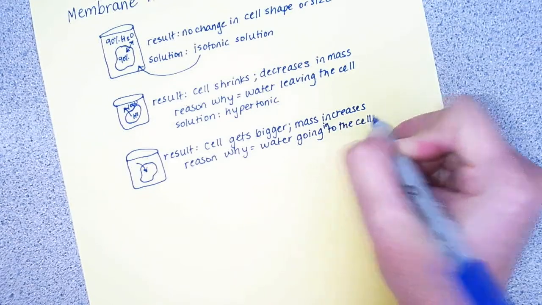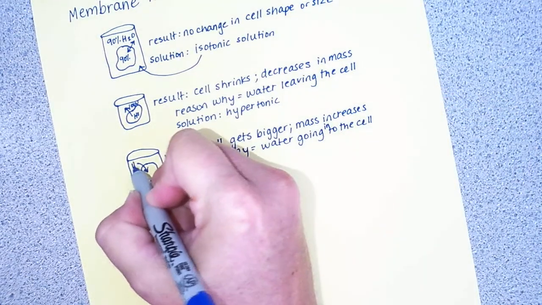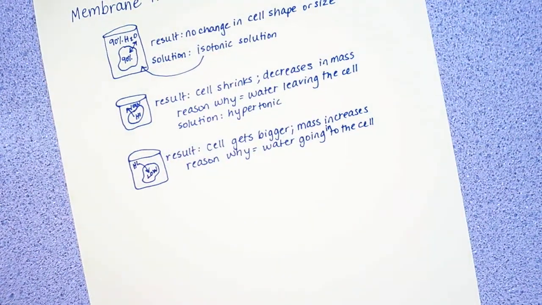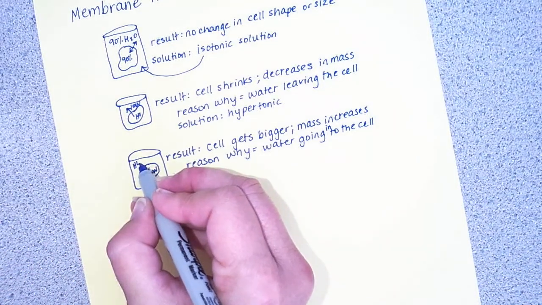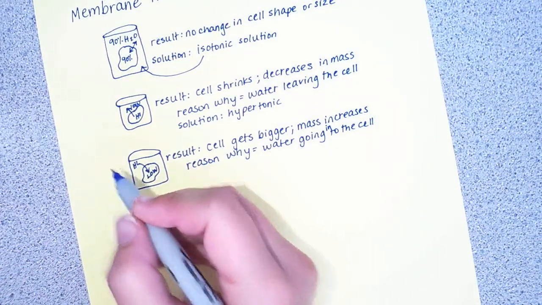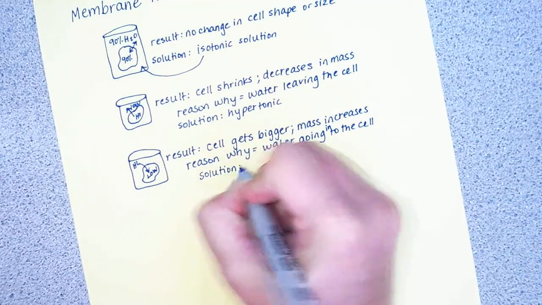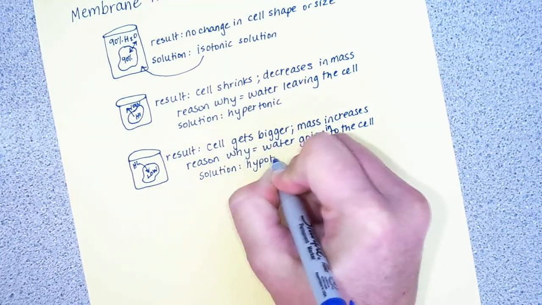And if it's going to go into the cell, it's because there is a higher amount of water outside than inside the cell. And if we have a lot of water out, that means we do not have a lot of room for solute. And so as a result, our solution is hypotonic.